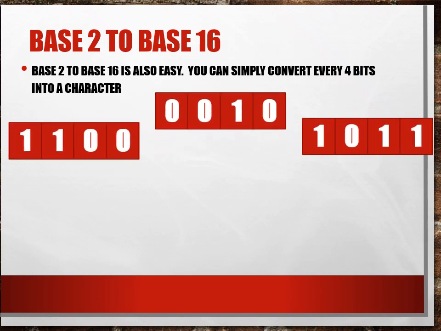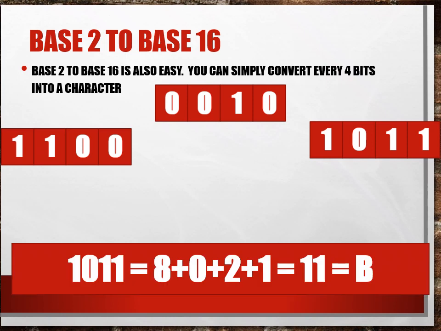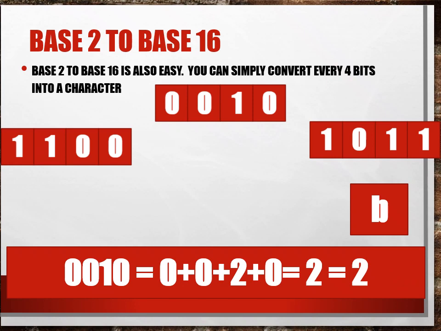I'm just going to separate these down into 4-digit or 4-bit components, and then I can convert each of those manually. So 1, 0, 1, 1 is an 8 plus a 2 plus a 1, which is 11. So this is a B. So I can put a B there. The second one is a 1, 0, 0, 1, 0.